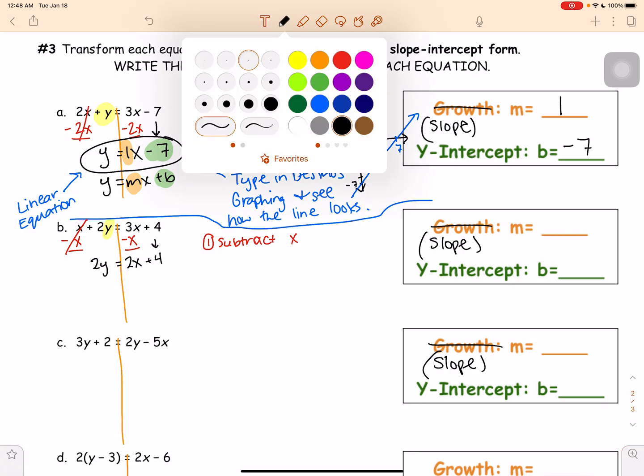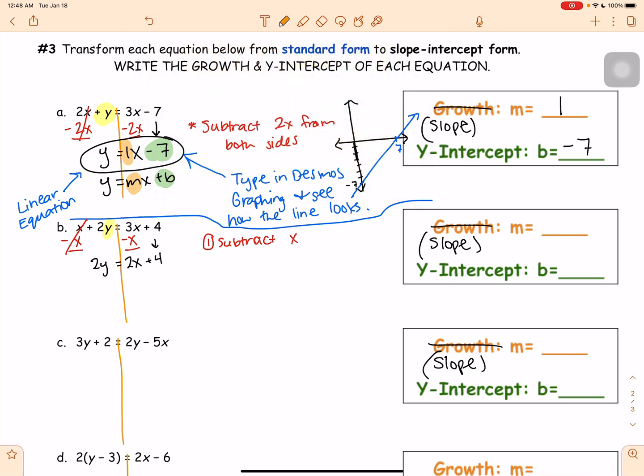Okay. And then now my next step is to divide everything by 2. I have to undo that multiplication here of 2y, 2 times y, so divide everything by 2. Okay. So we're left with y equals 2 divided by 2 is 1, so it's just 1x. 4 divided by 2 is 2, so it'll be positive 2.